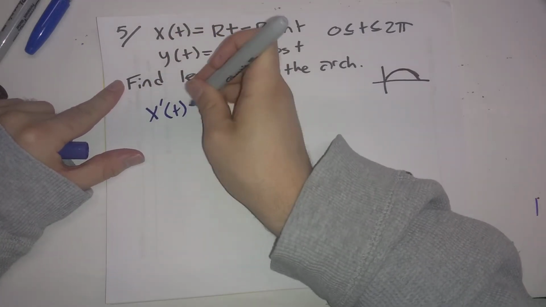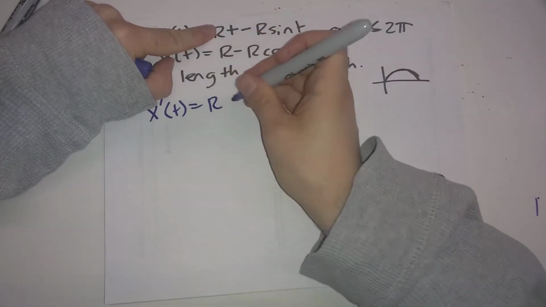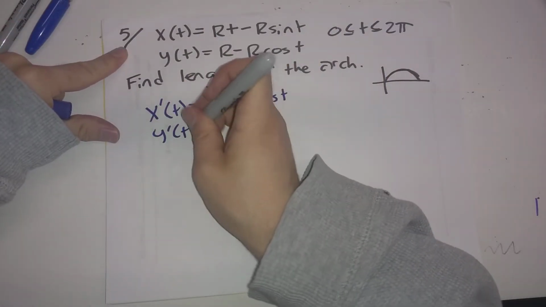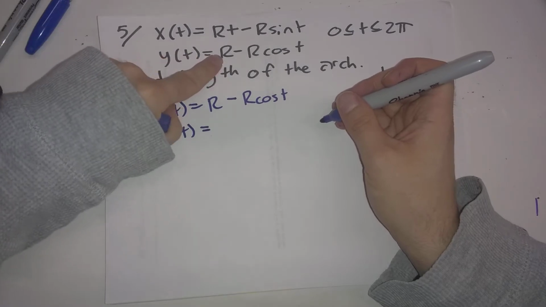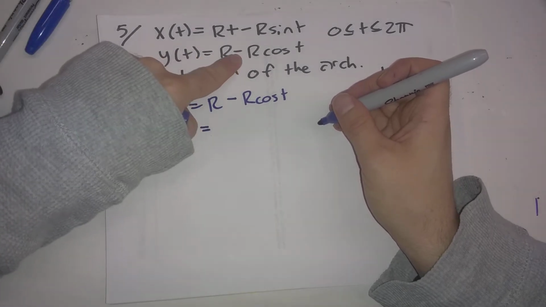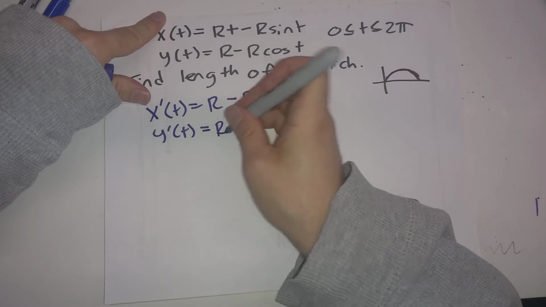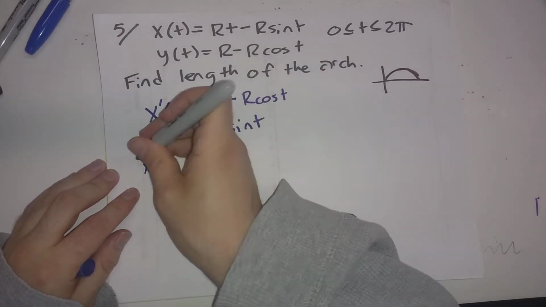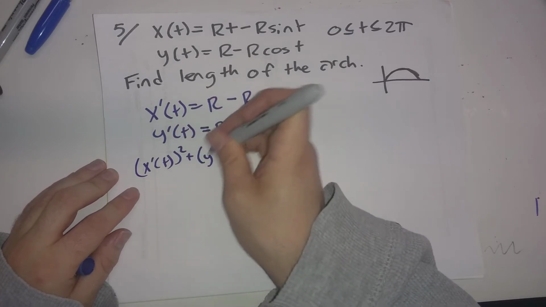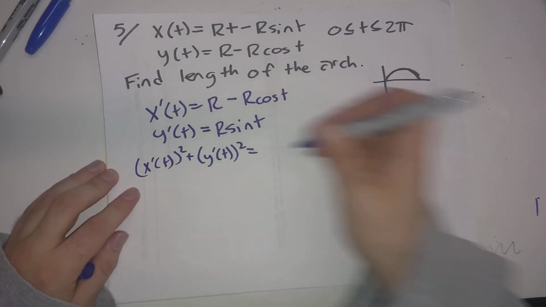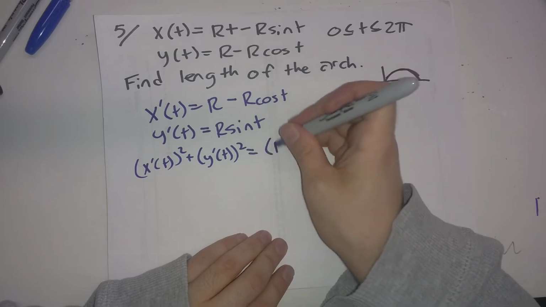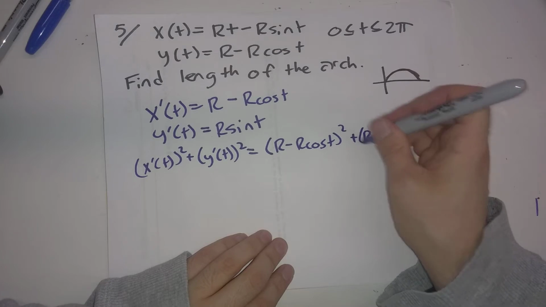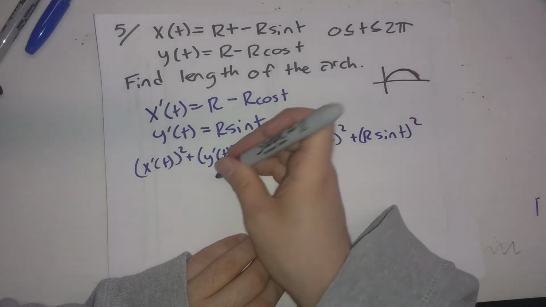So x prime of t is going to be r minus r cosine t. y prime of t is going to be, derivative of r is 0, and the derivative of minus r cosine t is r sine of t. So when we have x prime of t squared plus y prime of t squared, we end up with r minus r cosine t squared plus r sine t squared.